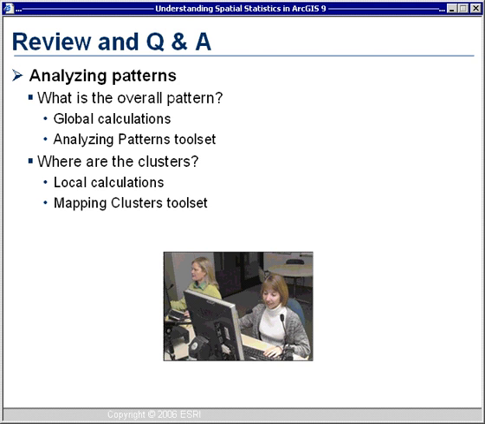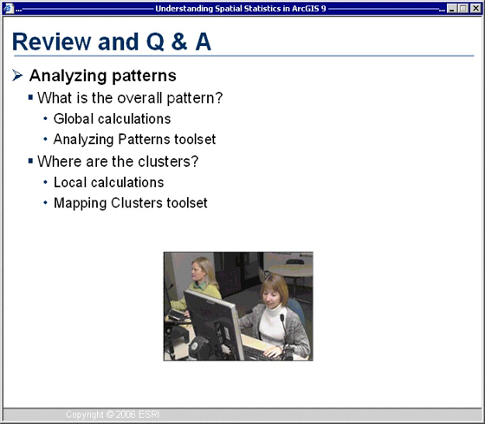Ram from Cedar Falls is asking, what is a z-score? Well, a z-score is simply a measure of standard deviation. So, for example, if the statistic that you're running, spatial autocorrelation or the hotspot analysis, returns a z-score of 2.5, you would interpret that as 2.5 standard deviations.